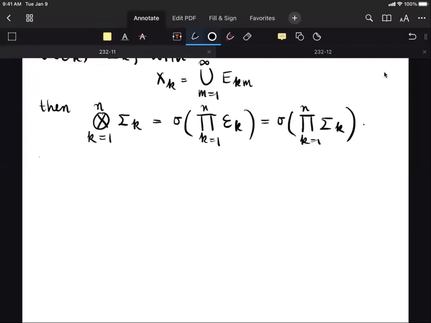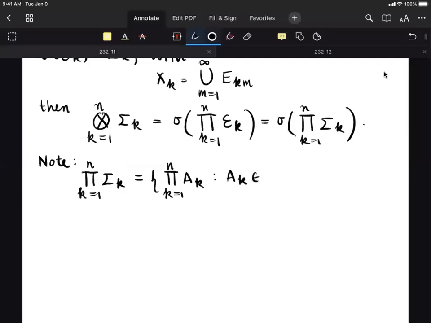Okay, before dealing with the proof, I would like to remind you of the definition of the Cartesian product. For instance, in the case of the sigma algebra, this is the set of all Cartesian products of A_k, k from 1 to n, such that A_k is in sigma_k. And similarly for the case of the generators.